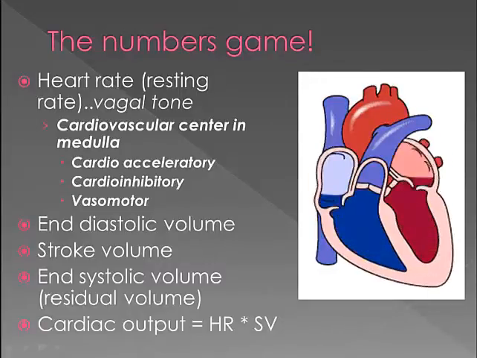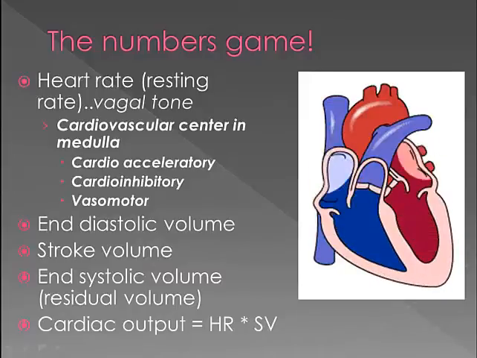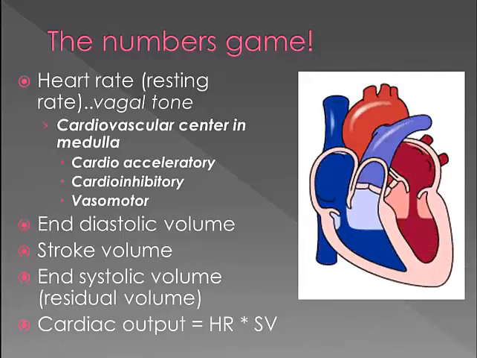So obviously, the more the end diastolic volume, the more the ventricle will be able to push out with each beat. And the amount that the ventricle pushes out with each beat is known as stroke volume. So it is the blood pushed out per beat, which goes out of the ventricles. Obviously, if you have more to push out, the stroke volume will be more.